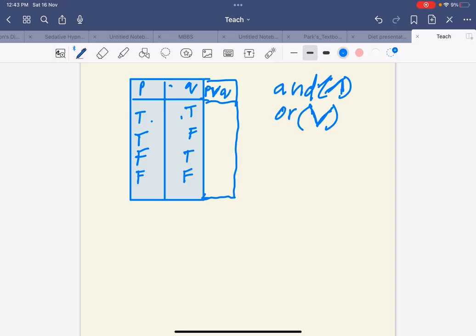P or Q. And in or, there is one positive thing about or, and that is if any one of the proposition is positive, then the answer is positive. Whether it be P or whether it be Q, if any of it is positive, then the answer is going to be positive. That is disjunction or.